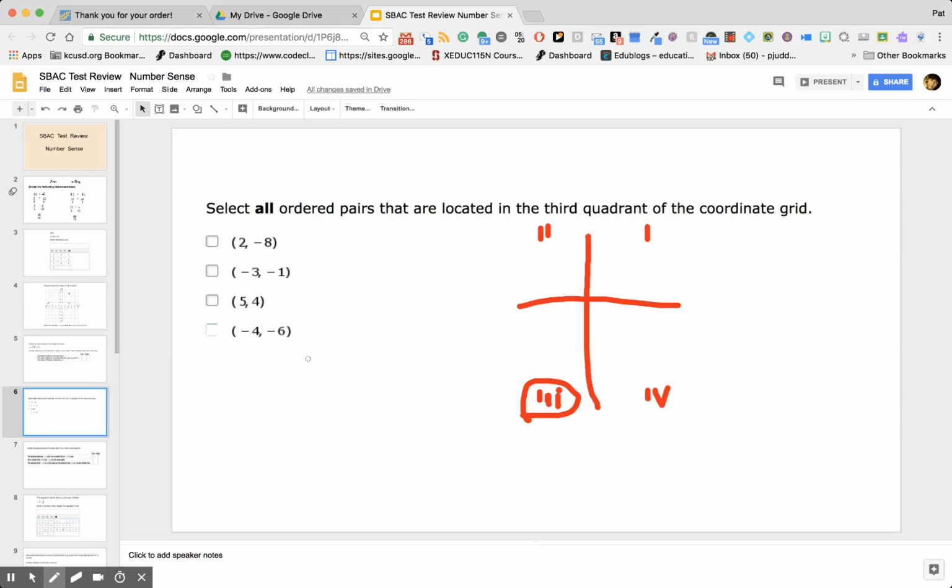Take 2 minutes to discuss what the values of the ordered pairs in each quadrant are, and what are the values in quadrant 3, and then check back in so we can see how you did. Pause here, check back in 2 minutes. Go.